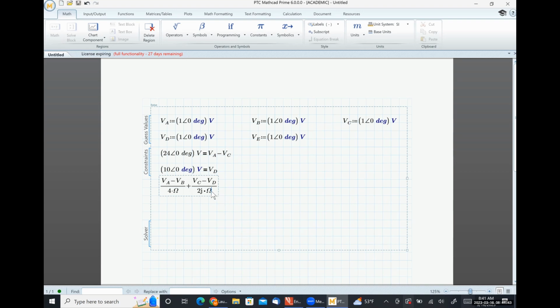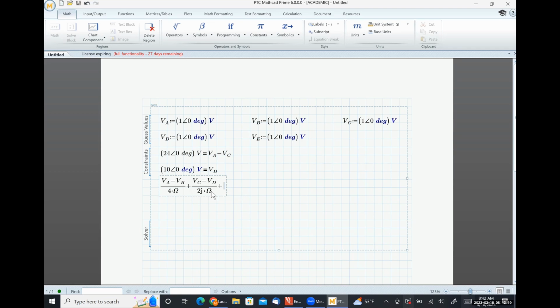The reason why I'm doing that, just to be really clear here, if I type in 2J and then a W or any other character, my J became italics. I don't want that because that's not the imaginary operator that we're using, right? So I need to write 2J times omega, which lets this know that this is 2J ohms of impedance.